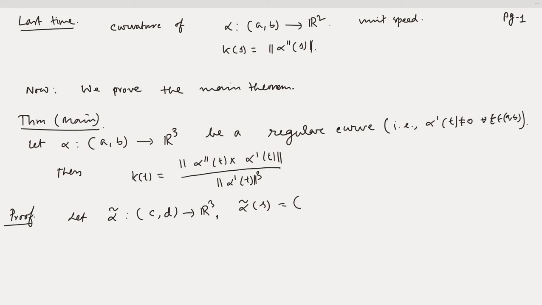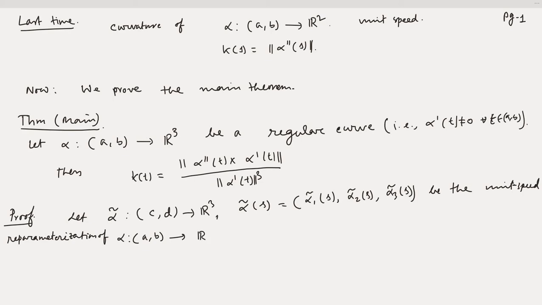This is the unit speed reparameterization of alpha, where alpha from the open interval (a, b) to R3 has alpha of t equal to (alpha 1 of t, alpha 2 of t, alpha 3 of t), the component functions. So this is alpha. Recall that.